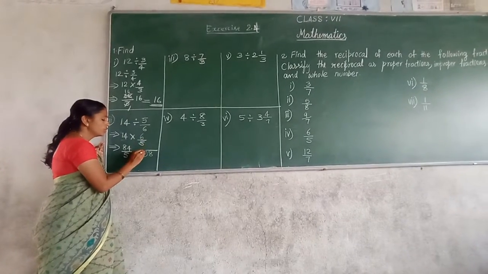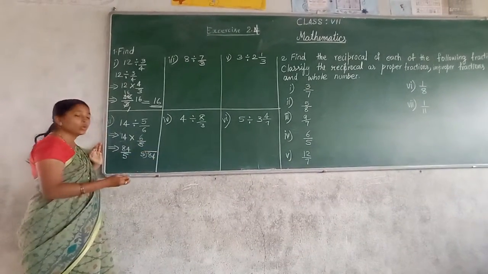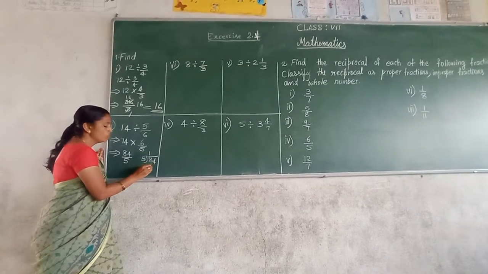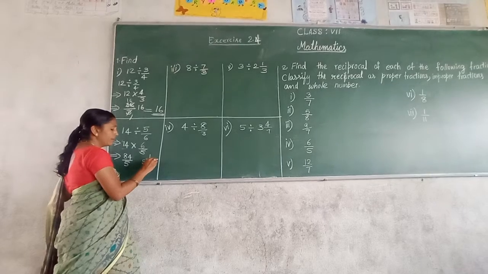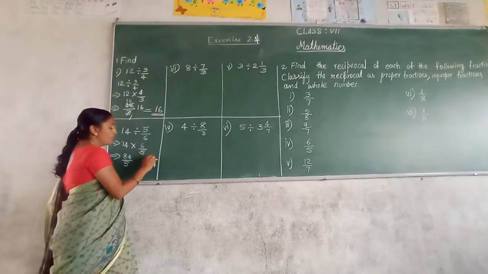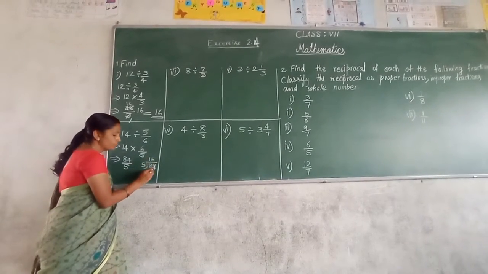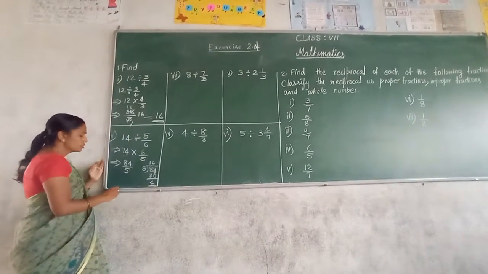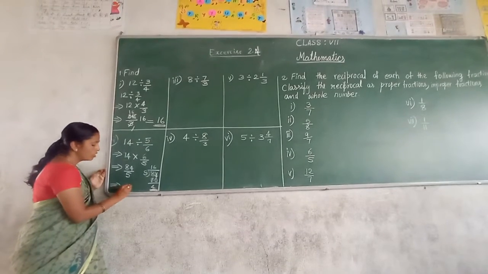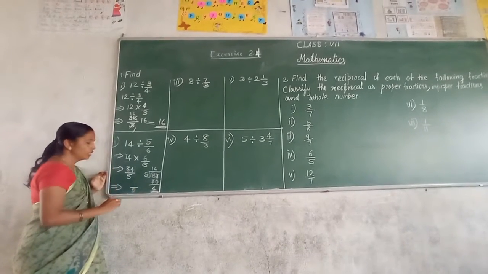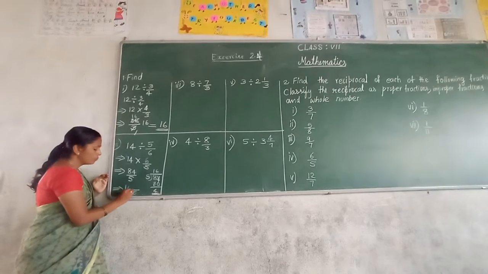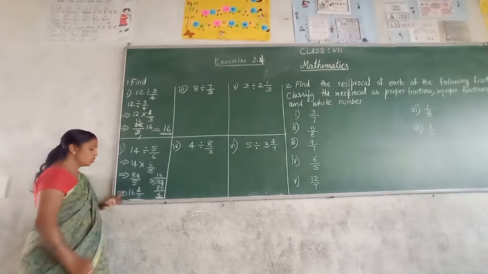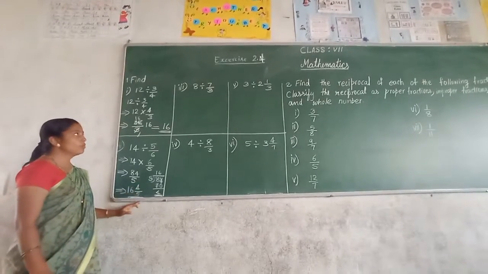Now 84 is divided by 5. Use simple division. 5 ones are 5, 3 is left out. 5 sixteens are 80. The remainder left out is 4. The denominator never changes, the quotient becomes the whole number, and the remainder becomes the numerator. So the answer is 16, 4 upon 5.